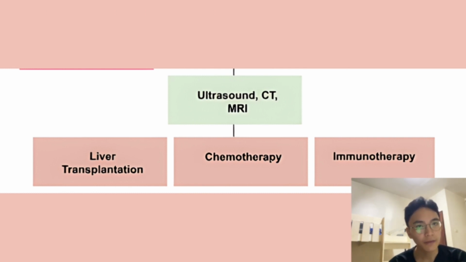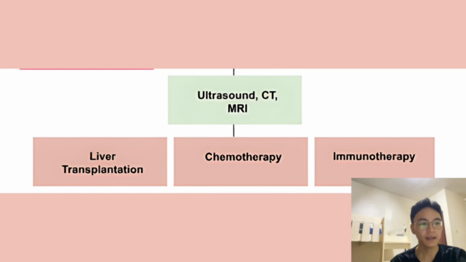In order to have a liver transplantation, we have some criteria. Typically it includes the size and number of the tumors, absence of vascular invasion or extrahepatic spread, and adequate liver function. So if the patient is still in the early stages of liver cancer, we could try liver transplantation.